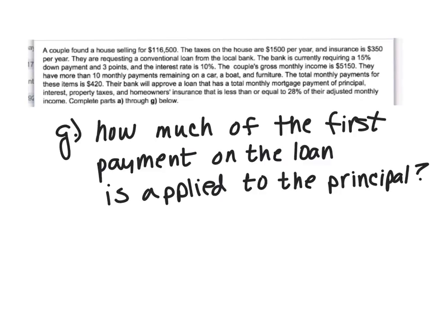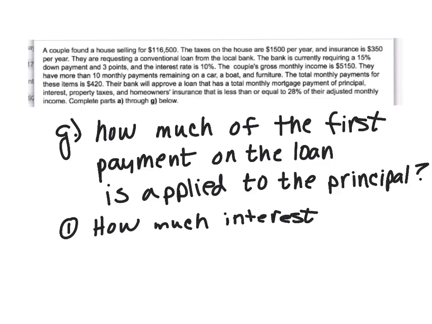Part G says how much of the first payment on the loan is applied to the principal. So the first thing that we have to do is determine how much interest we paid. We're going to do that by using the simple interest formula. Remember, that's I is equal to PRT.